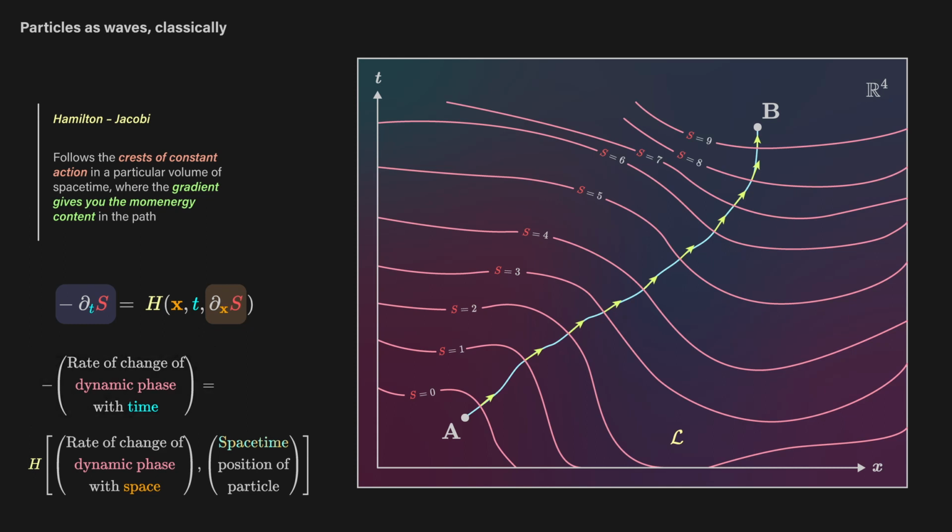With the dynamic phase, we are really equating these crests of action with waves, with phase being the phase of the action as time progresses along. So, 0, 1, 2, and 3 are phases of the same wave progressing forward in time. That variation of phase with time is equal to the Hamiltonian, being given by the rate of change of the dynamic phase with space and the space-time position of the particle.